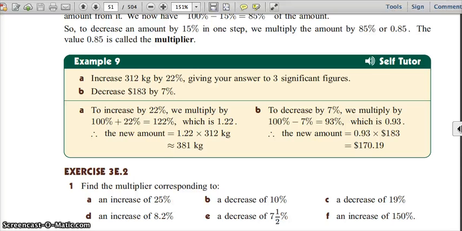Remember we were looking at that yesterday? What we found was 20% of that original amount, and then we added it together. Do you remember doing that? Luke, do you remember that? Yep. Okay. This one cuts out a step, and as teenagers, you always like to get there quicker. So, increase 312 kilograms by 22%.